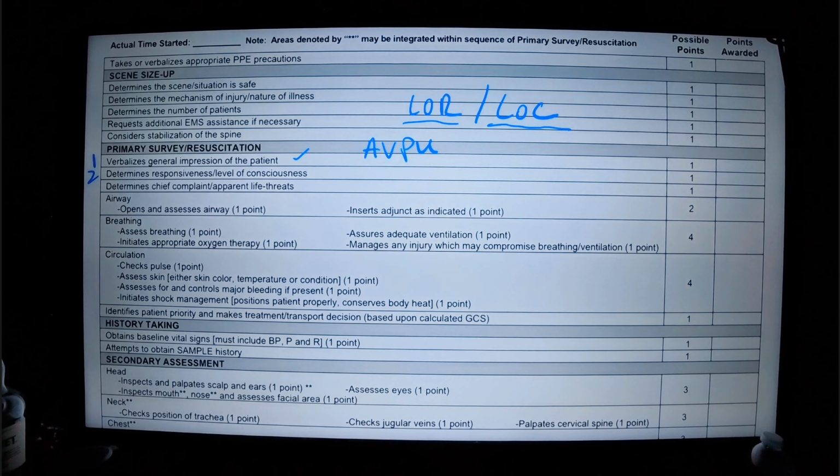You get on scene, you're on general impression, patient has their eyes closed. They're breathing, let's say, normal. So you're going to go up to the patient and you're going to make contact. You're going to check their level of responsiveness. So alert obviously tells you, I'll mark it as I'm going through it. So on your first general impression, you noted that the patient has their eyes closed.